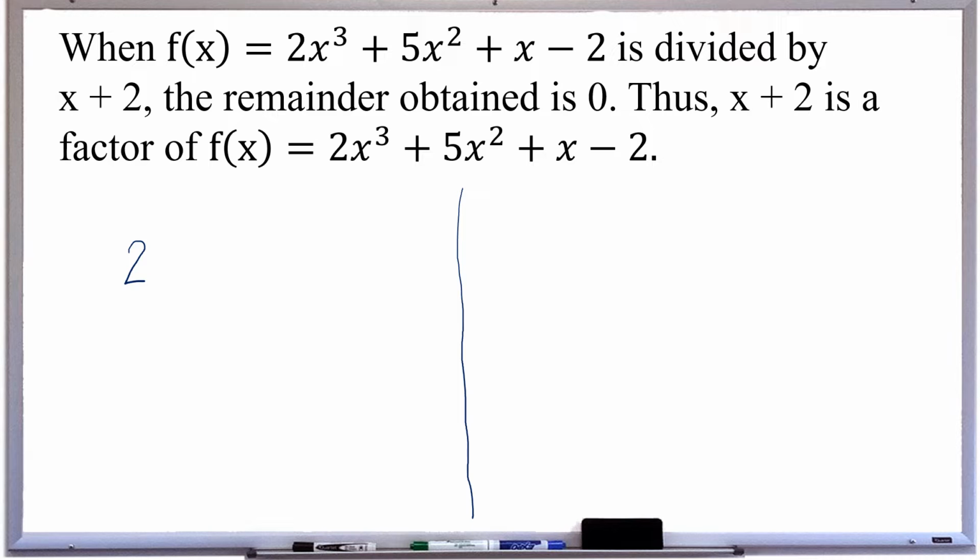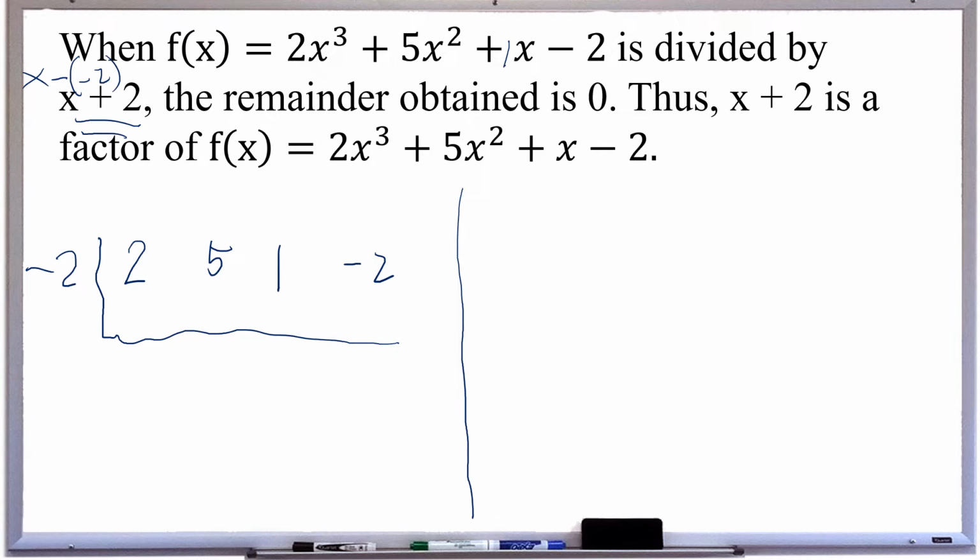We are given 2, 5, 1, negative 2. This is understood to be 1. Then we have here negative 2 because we need x minus negative 2. That is x minus r, so therefore r should be negative 2.